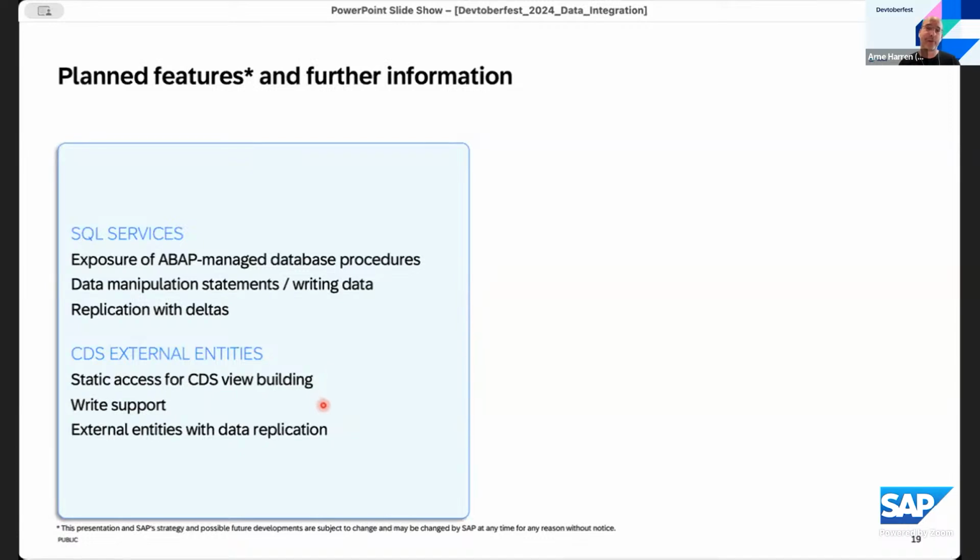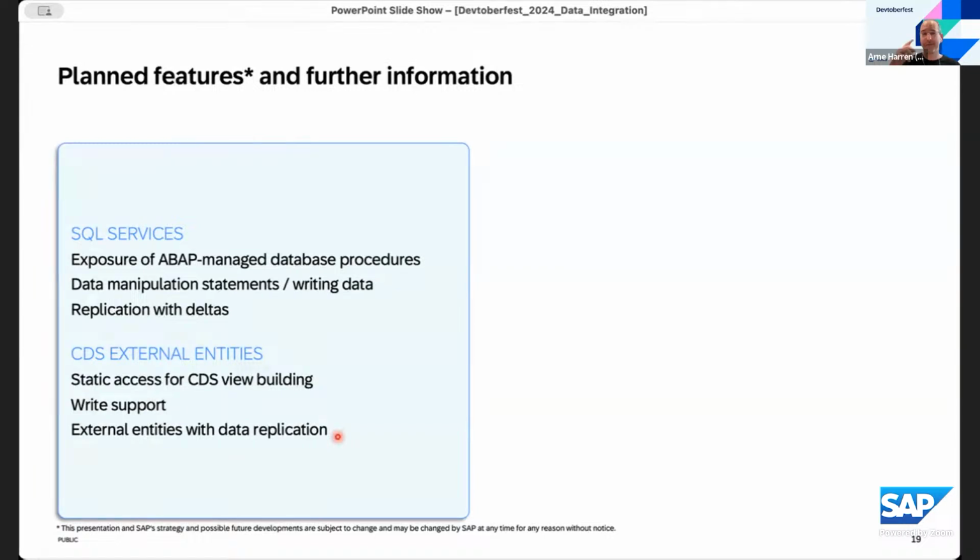Then we also want to support write, like writing data from your ABAP system via SQL to some remote database. We also want to have external entities with data replication support, using the SAP HANA data replication machinery, and also working with the SQL services of the ABAP.